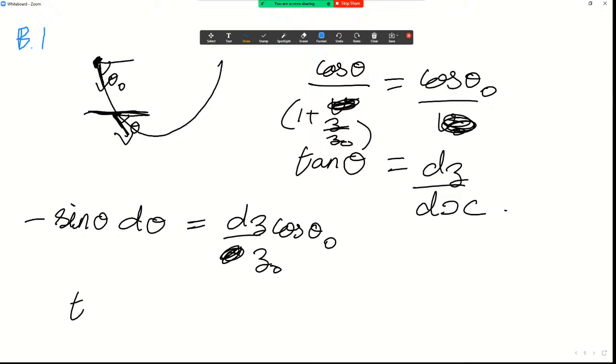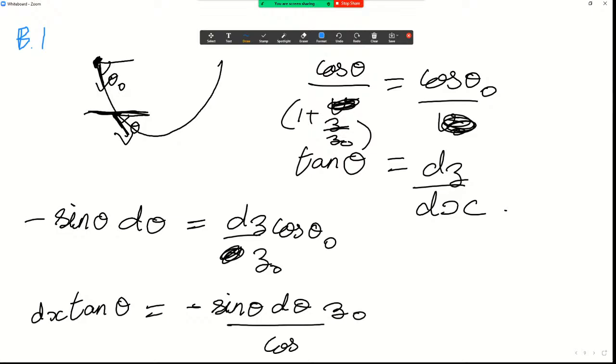So we can get tan theta dx equals dz. And what is dz? It is minus sine theta d theta z naught by cos theta naught.